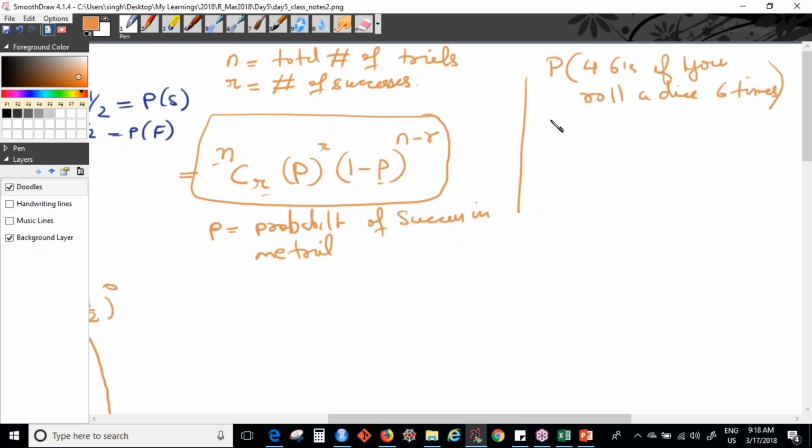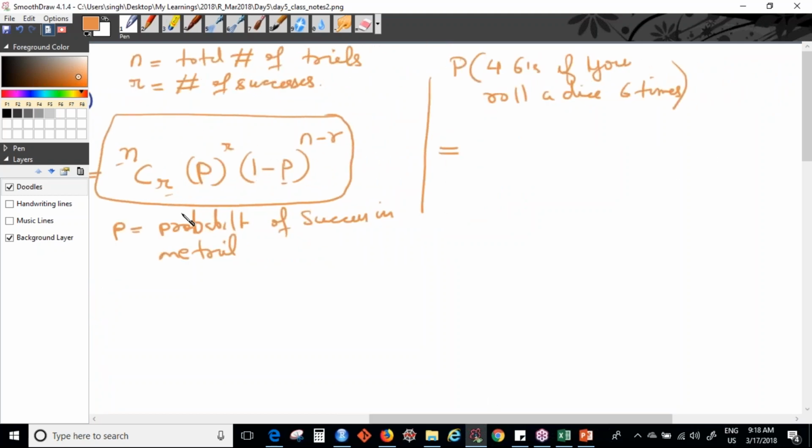Can you guys try to answer this? What is the probability of 4 sixes if you roll a dice 6 times? You can easily use this formula and come up with the answer. Just tell me the answer in the form of the binomial formula. I don't want the exact number as the answer.